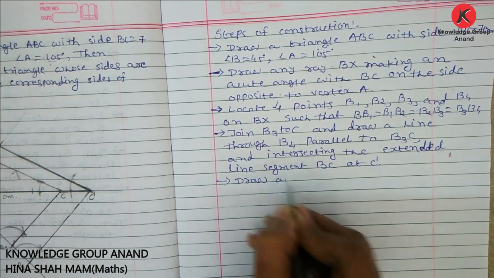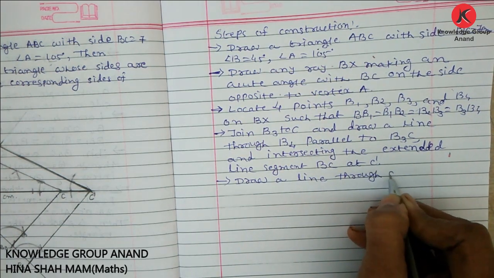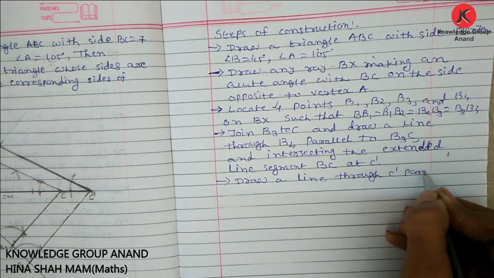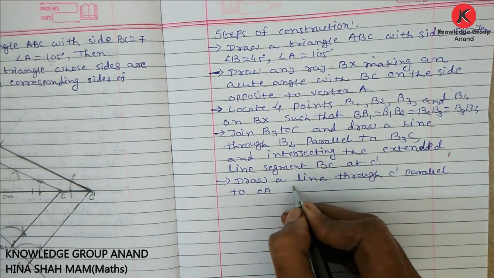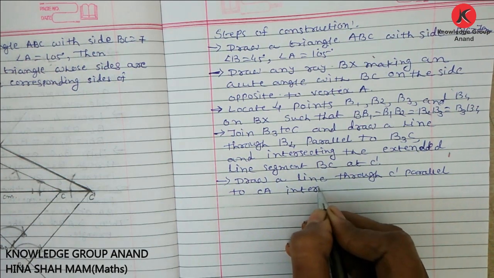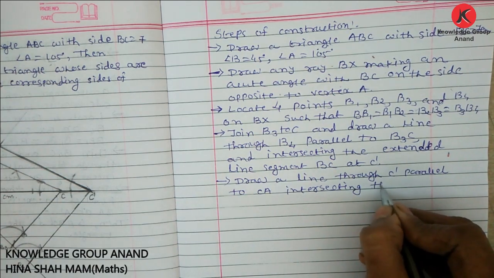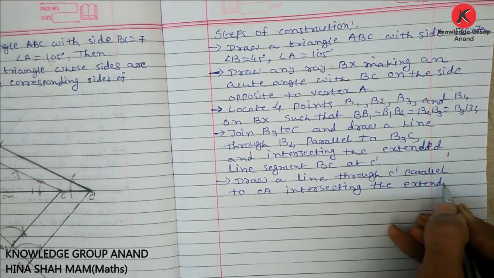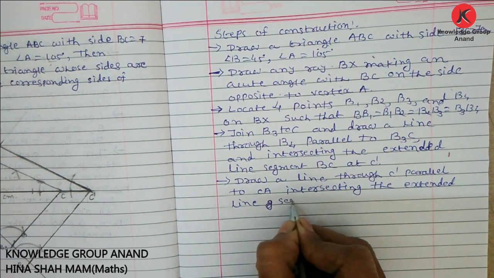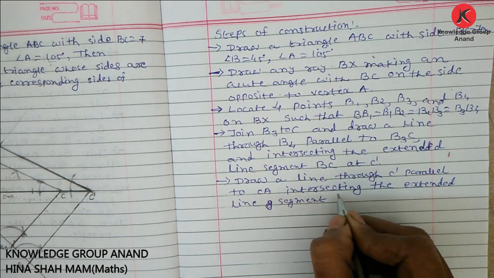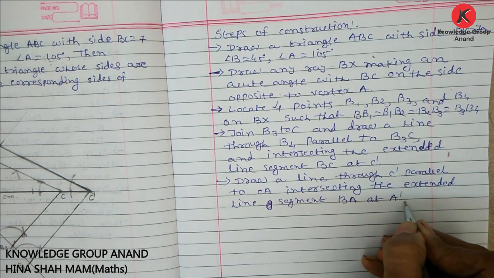Draw a line through C dash parallel to CA intersecting the extended line segment BA at A dash.